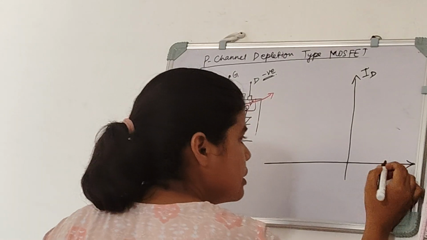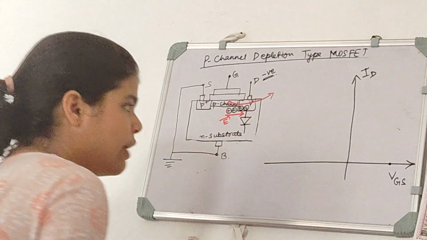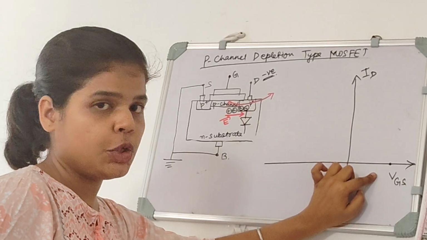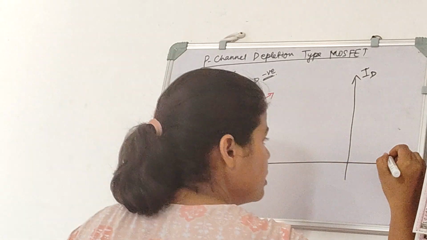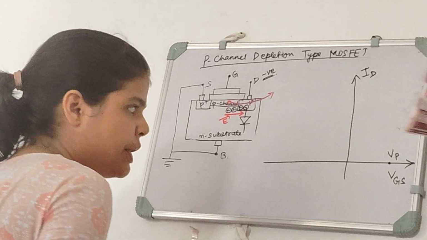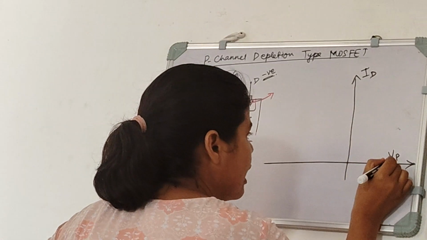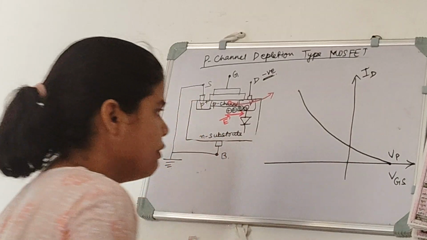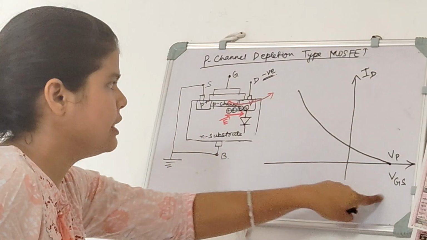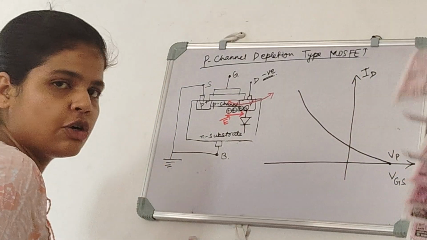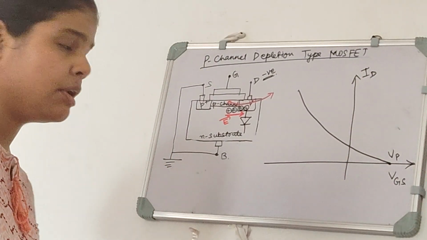Now there was a certain value of positive VGS at which our current became 0. So this is the pinch off voltage, that is Vp, and after this Vp our current will increase if we move the VGS in the negative direction. So this is the transfer characteristic of p-channel depletion type MOSFET.